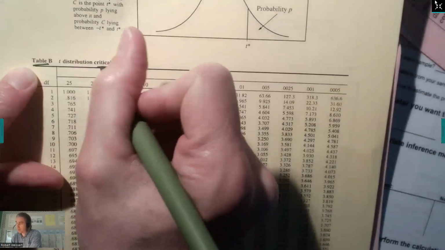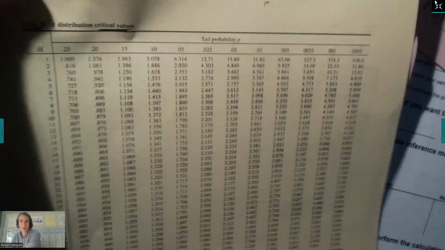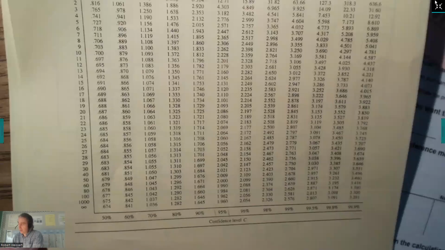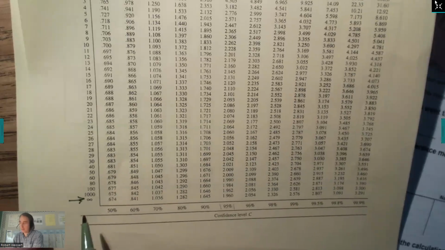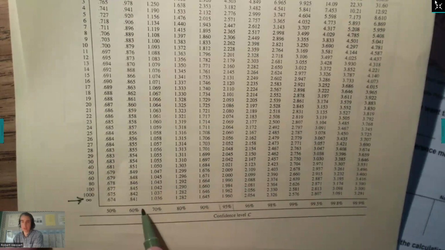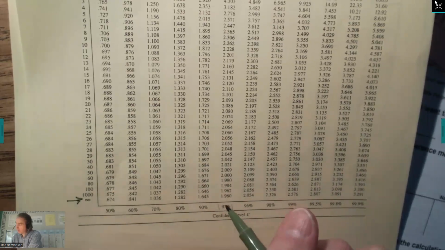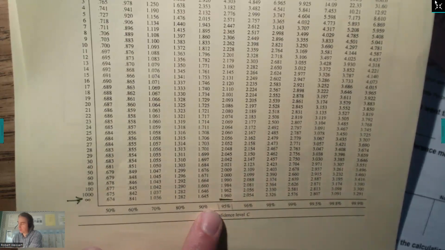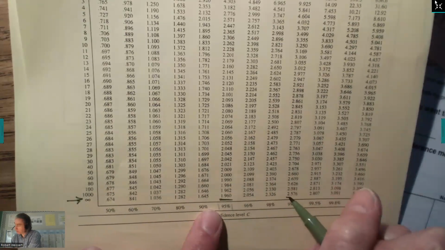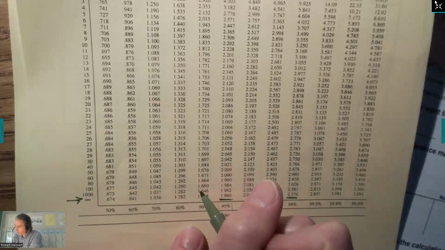And critical values are what we're trying to find anyway. So these are all a bunch of critical values. And, without knowing the context of what this means, if you look at that last row, that infinity row, you're going to see the most common confidence levels. So 95% right here is 1.96. You might have some that are 99%, 2.576, some that are 90.